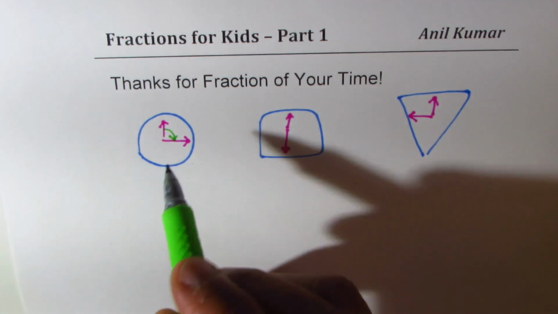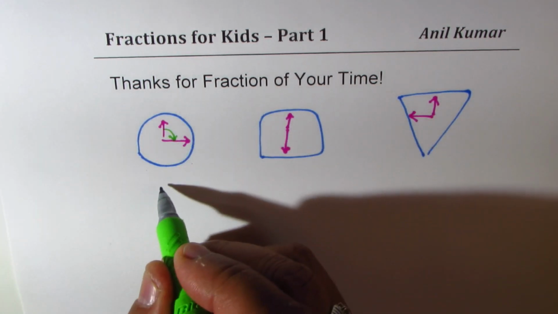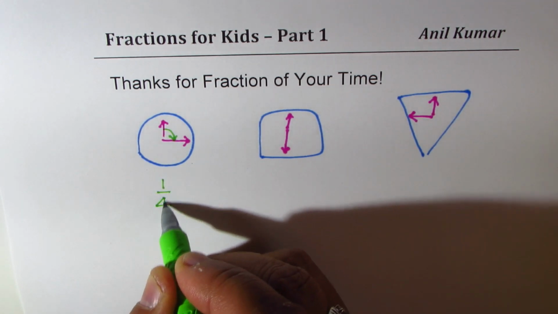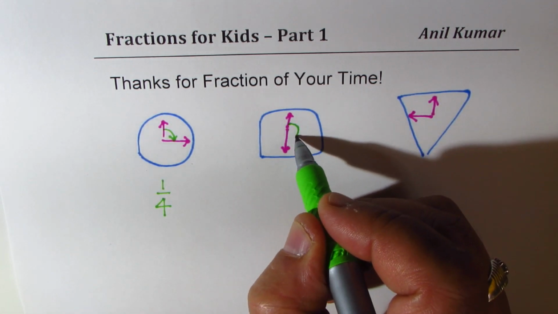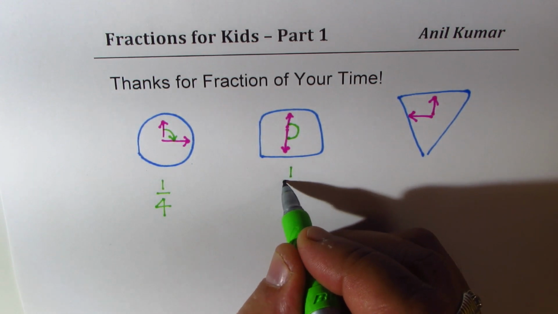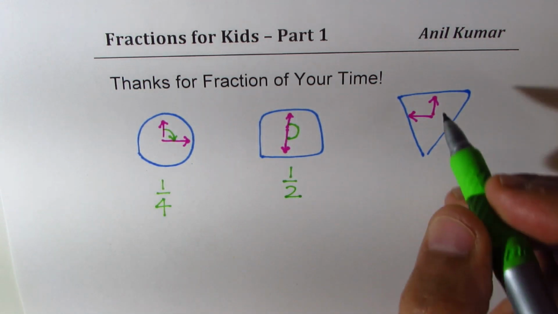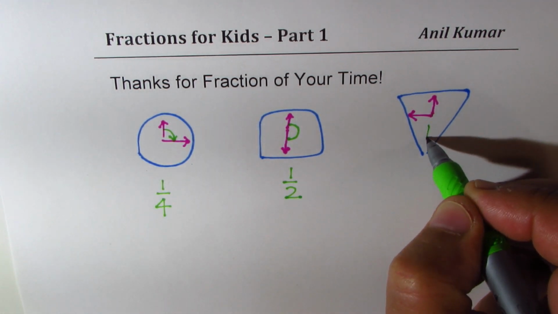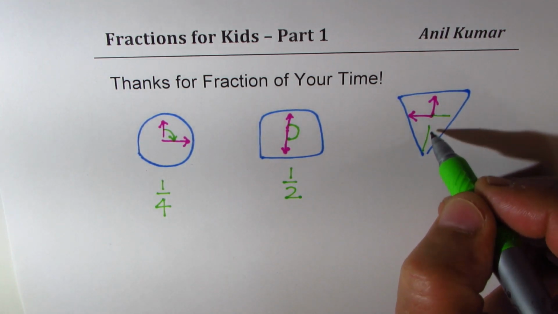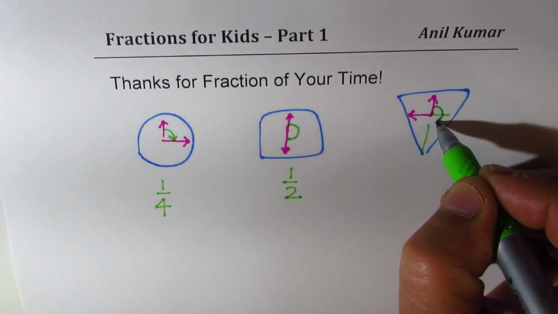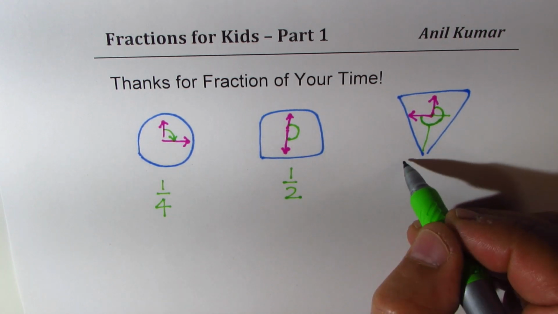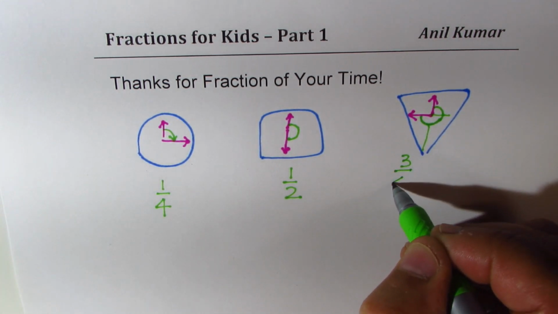So that is a quarter, 1 out of 4. Do you see this? In this case, it moved half. So it is 1 out of 2. And here, you could think about 4 quarters and it moved 1, 2, 3 quarters. It is 3 out of 4.